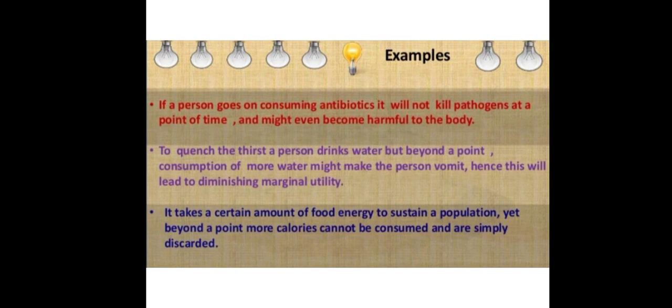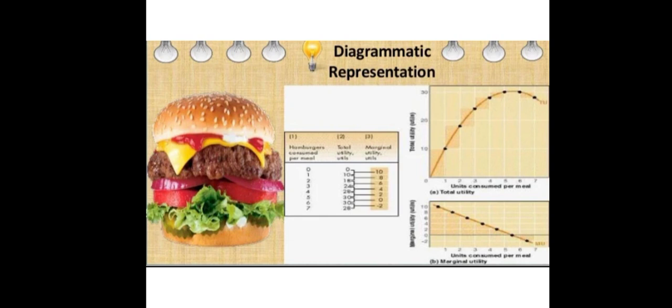ठीक है. So this is the diagram or the tabular representation of total utility and marginal utility. Total utility goes on increasing with the increasing units of my commodity, and marginal utility goes on diminishing.